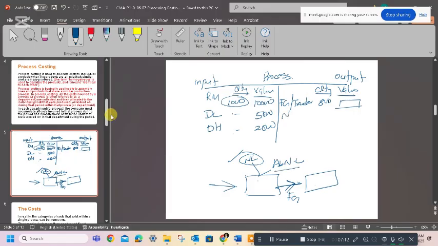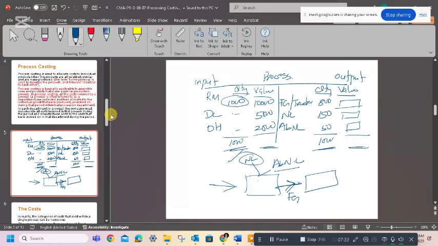So you will have normal loss, let's say 15%, that will have some value. Abnormal loss, balance 50. Then you balance the quantity to 1000. The value also you will balance. So this is process costing.